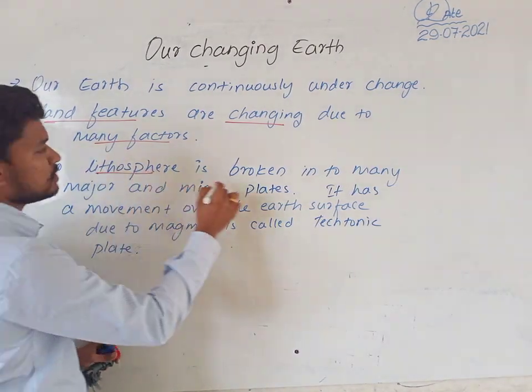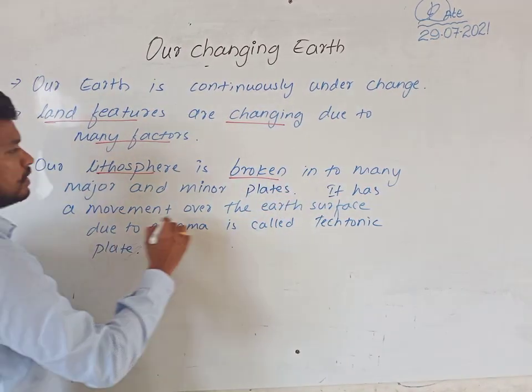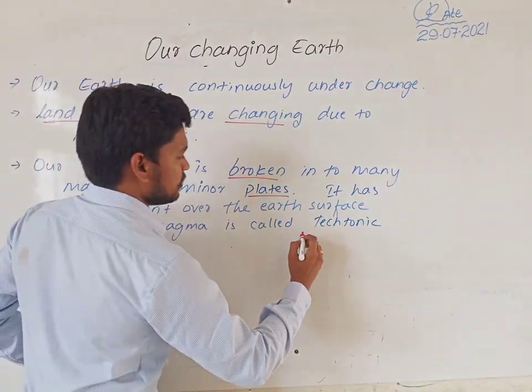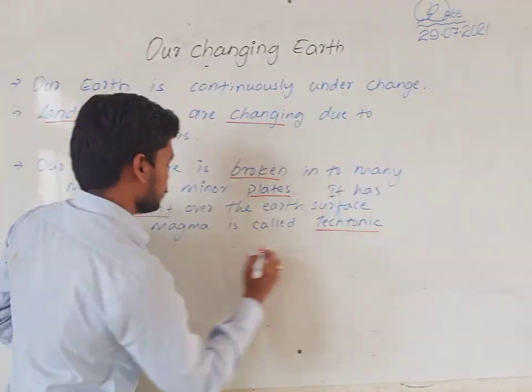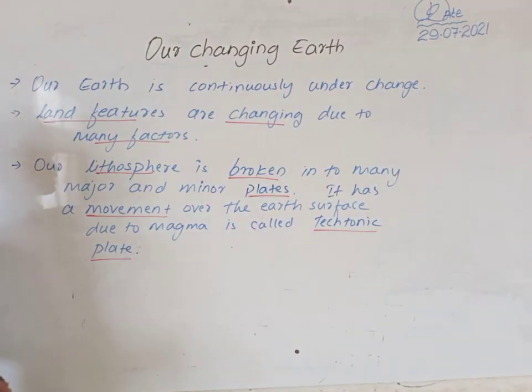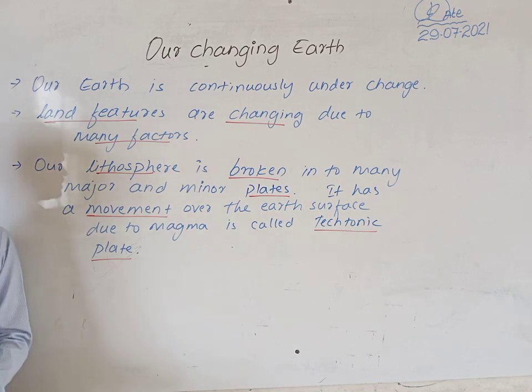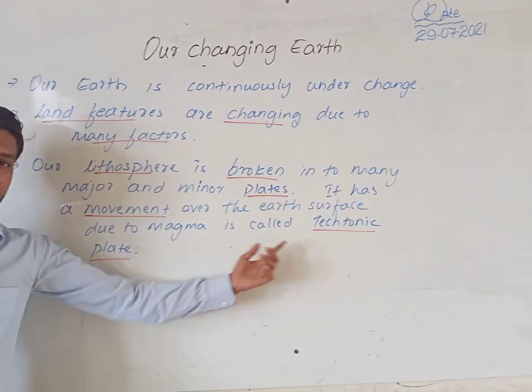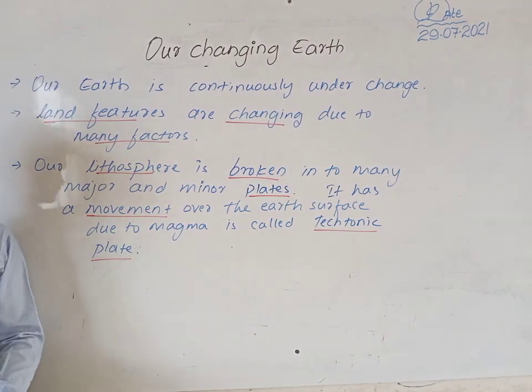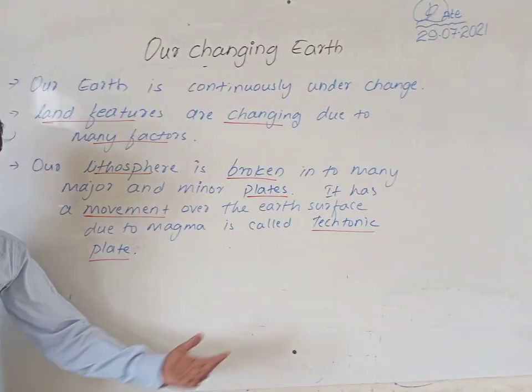The lithospheric plate is broken into plates. The movement of this plate is called tectonic plates. This lithospheric plate is continuously under movement, so it's called tectonic plates.